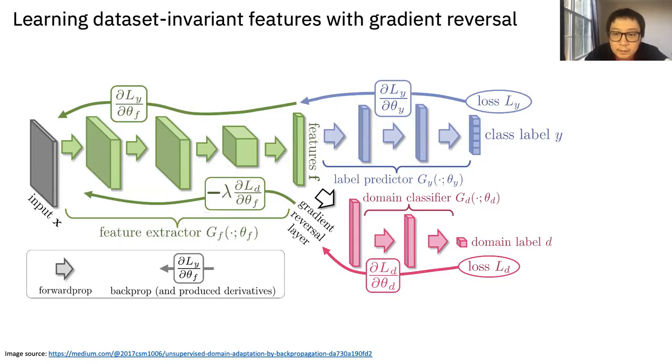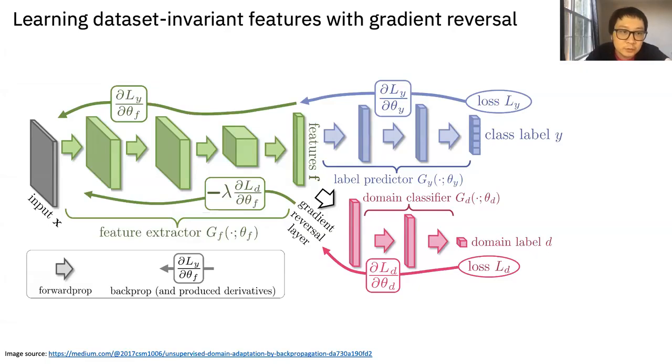So the feature extractor will therefore be trained to minimize the classification loss of the label predictor, the blue part, and maximize the classification loss of the domain predictor. The label predictor and the domain predictor will be trained to minimize their respective classification losses. So this is a way to use adversarial training to do domain adaptation.